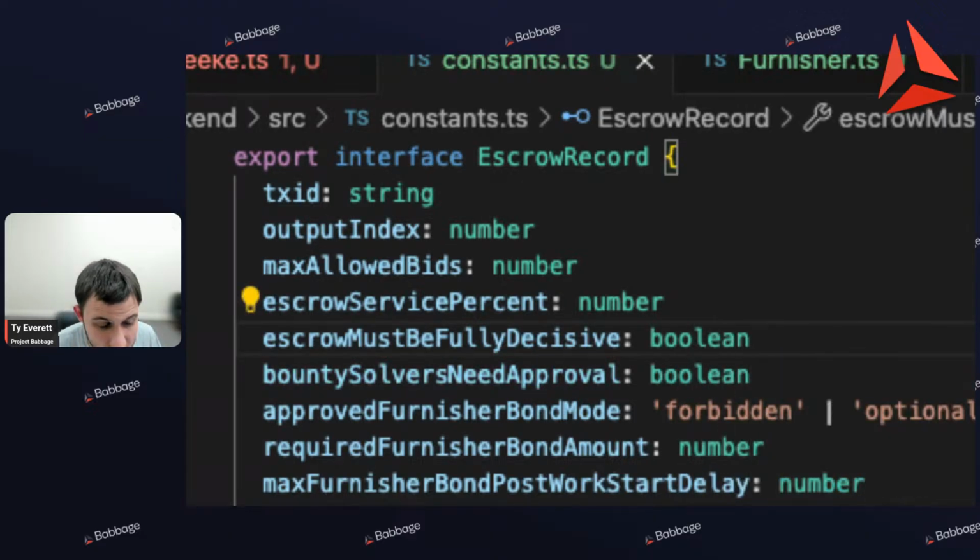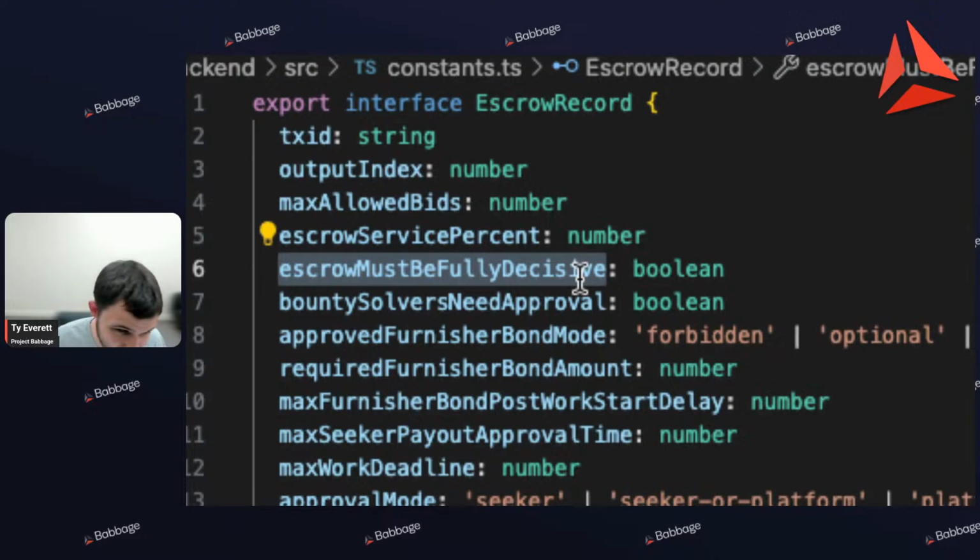So if they must be decisive, they must decide that one person gets all the money and the other person gets none of the money. If there is an element of uncertainty or compromise, then they may not be decisive and they may choose to award 50-50. They may choose to award 70-30. I don't know.